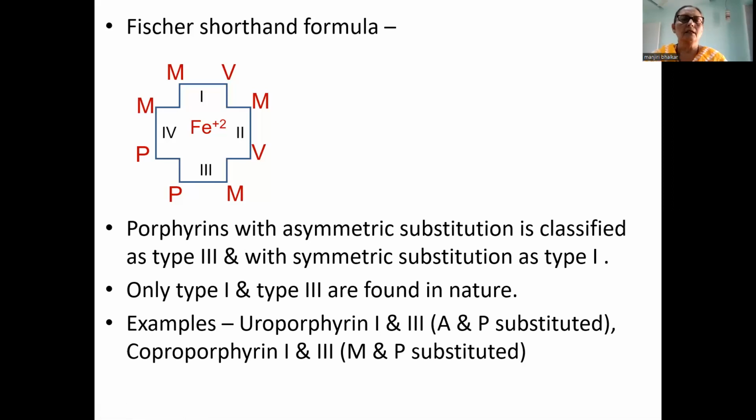Is that clear? Now see, uroporphyrins and coproporphyrins are actually the intermediate structures generated at the time of heme biosynthesis in our body. Later on these intermediates are finally converted to protoporphyrin, and protoporphyrin plus iron will generate the structure of heme.